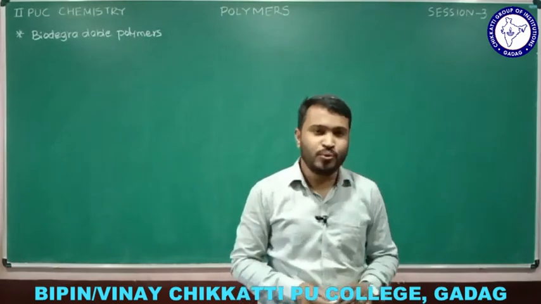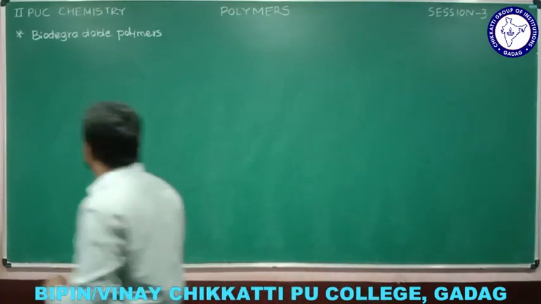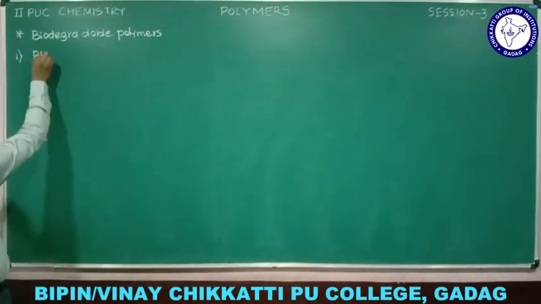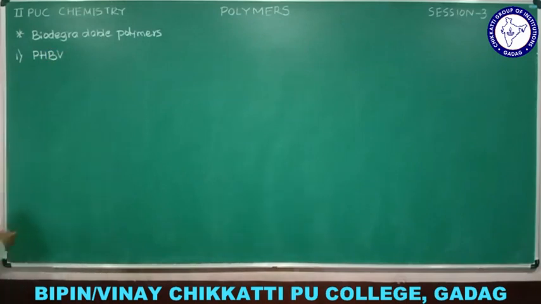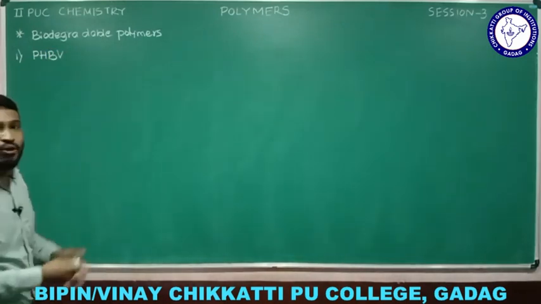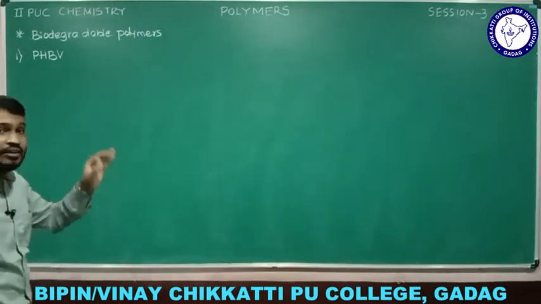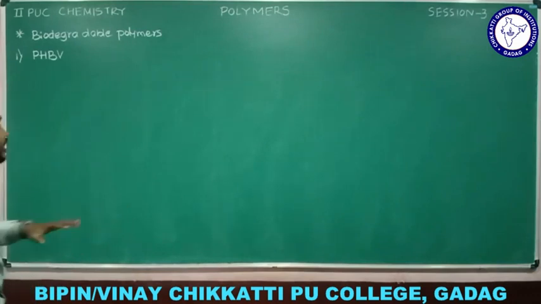Here we have two very important examples, and we'll see the structure and the monomers of those. One is PHBV, and one more will be nylon 2, nylon 6. We'll come to that later. So now I am going to talk about PHBV. PHBV is the best example for biodegradable polymers, because it undergoes environmental degradation, environmental decomposition.